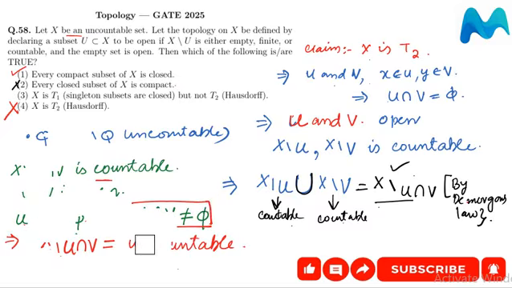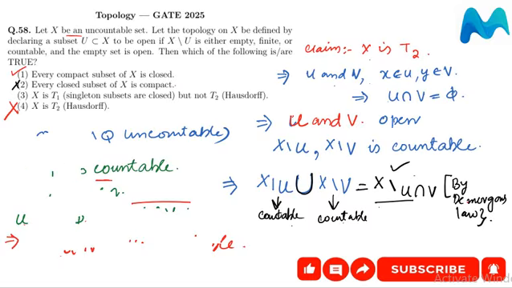And how does it become T1? It's once again simple.